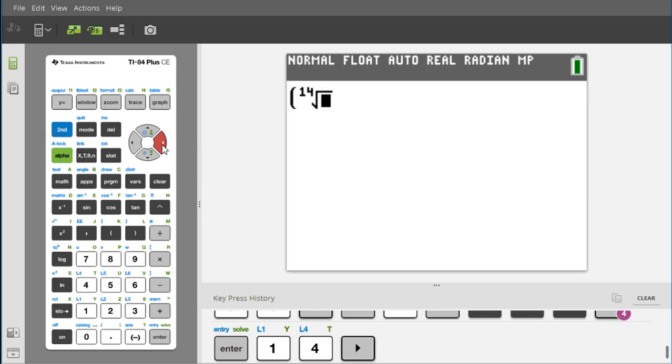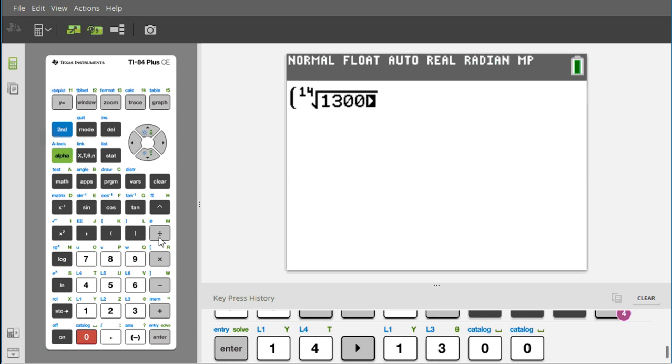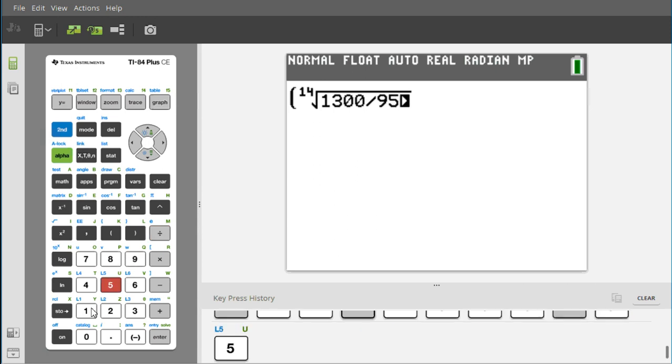Now I'll type in 1,300 divided by 950. Then I'll arrow to the right. Then I'll say minus 1.